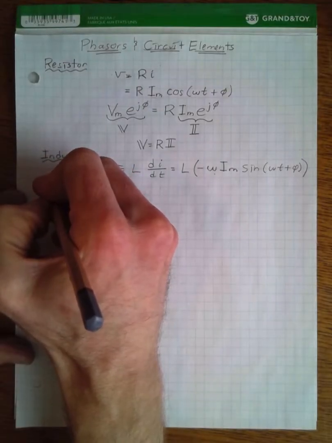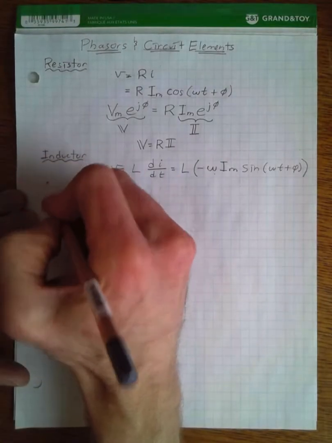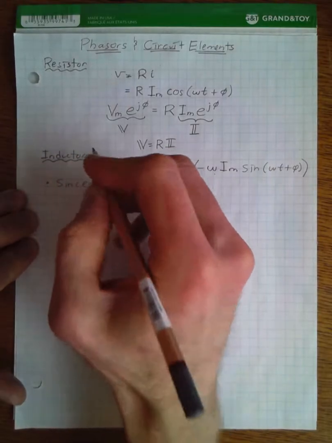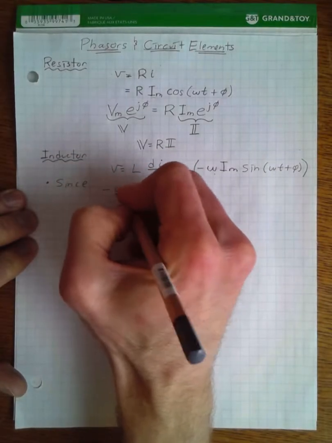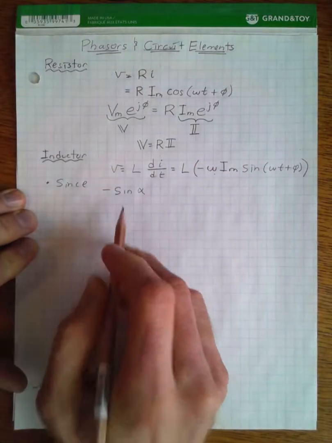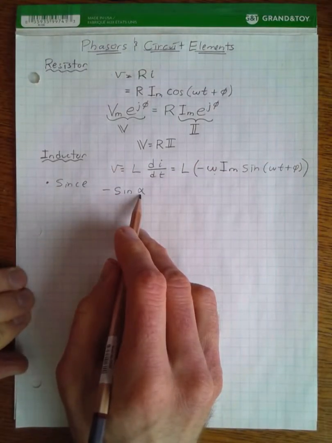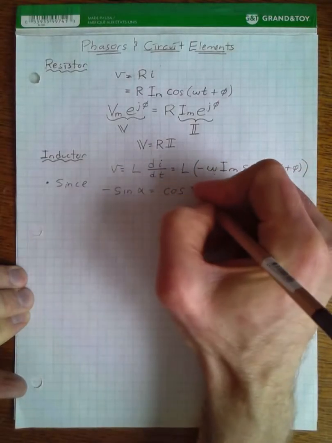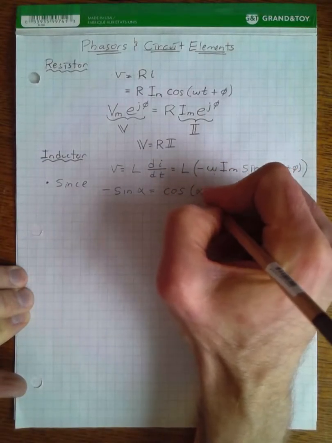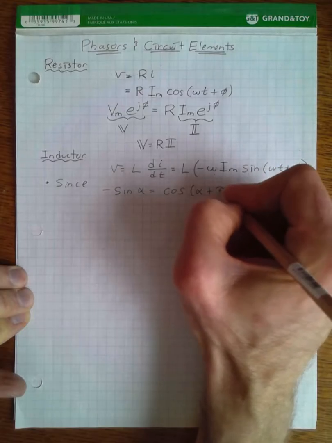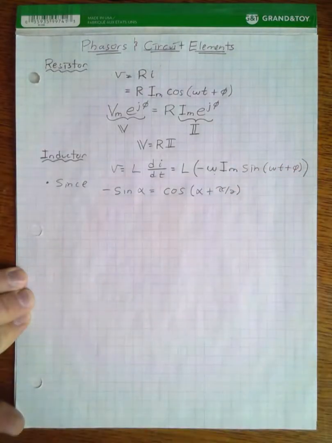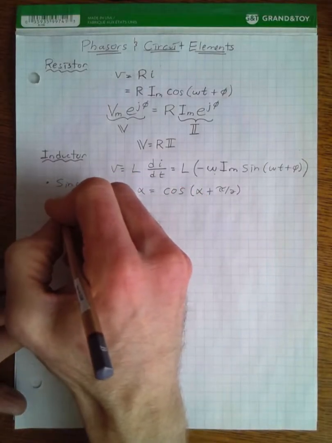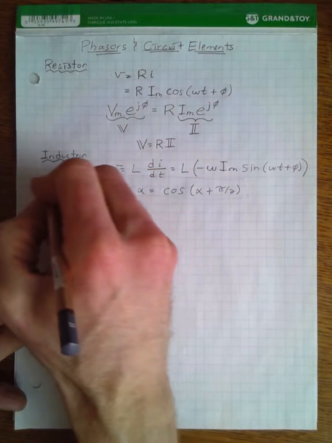Now we can take advantage of an identity here. Since we know that negative sine with an argument of alpha is equal to a positive cosine with an argument of alpha plus a phase shift of pi over 2, we can write our voltage as, I'll just put this in a box.